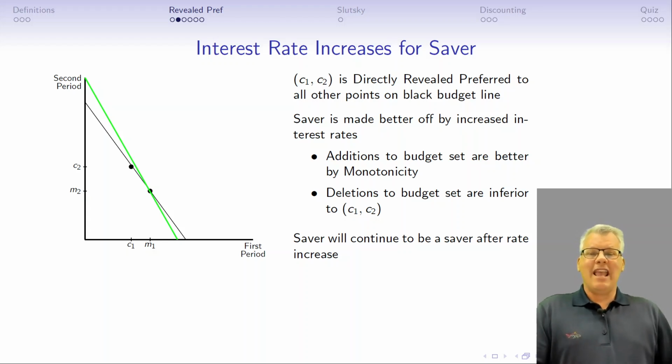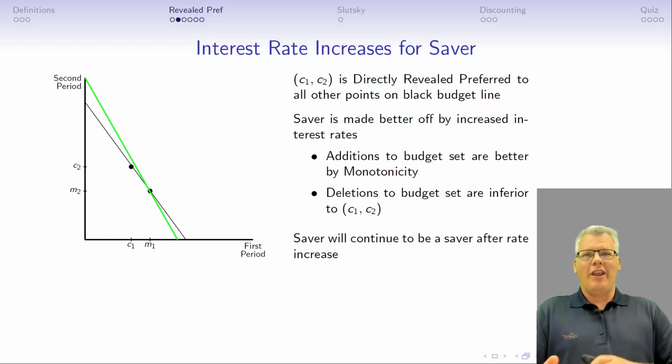So we can say categorically that the increase in the interest rate has made this saver better off. The reason why is when we decompose what the changes made to the consumer's budget set are. We know that this pivoting of the budget line makes the old consumption point C1, C2 interior to the new green budget set.